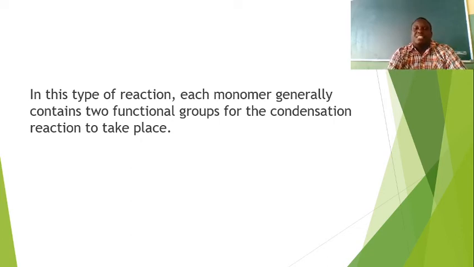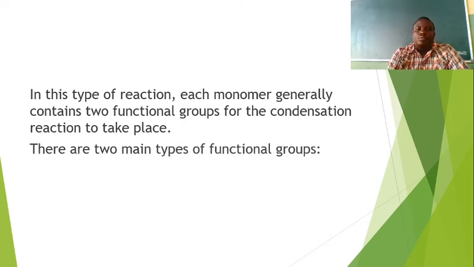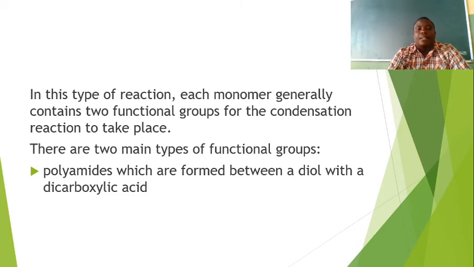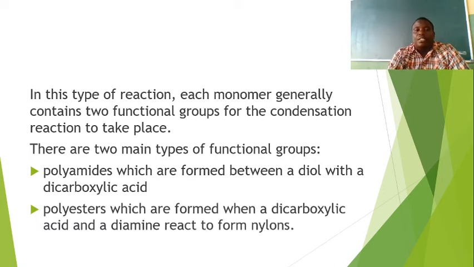You have seen many functional groups that we use in organic chemistry. So condensation reaction requires two functional groups. There are two main types here. There are polyamides, which are formed between a diamine and a dicarboxylic acid, and you remember that to find the amide we use carboxylic acid and amine.